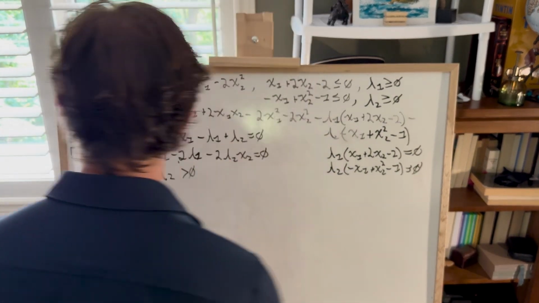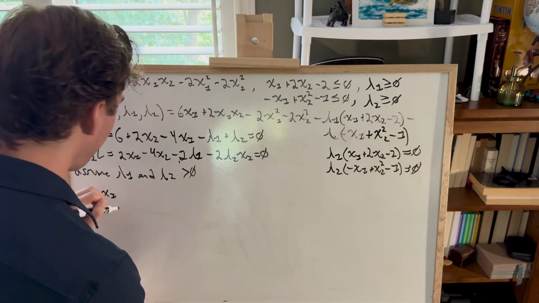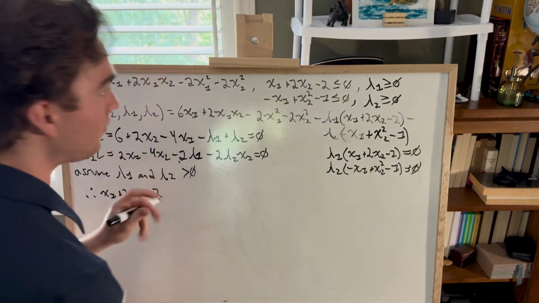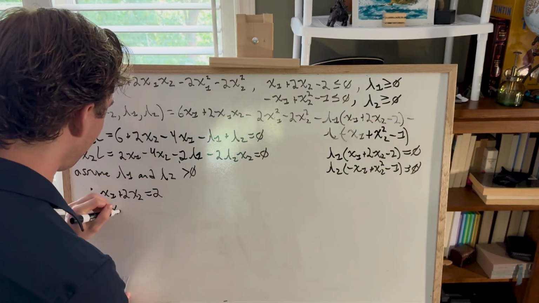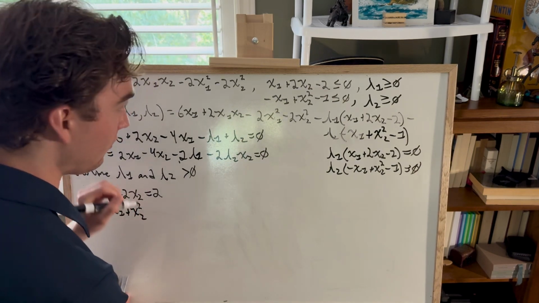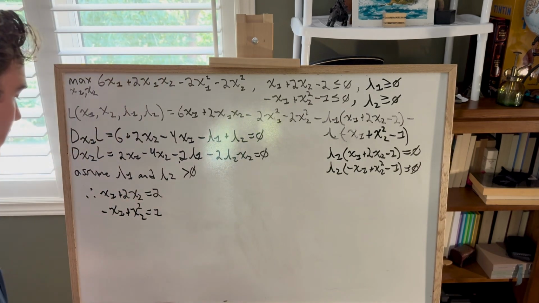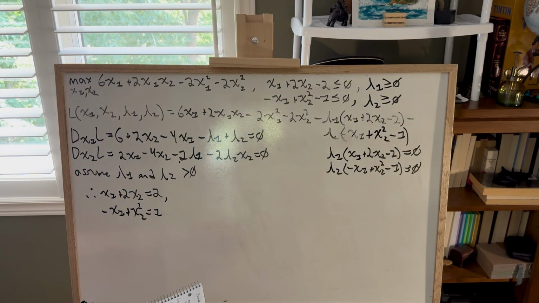So therefore, x1 plus 2x2 has to equal 2, because that needs to fall to 0, and x1 plus x2 to the power of 2 has to equal 1. So these two things have to be true.